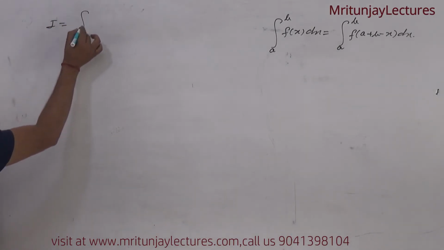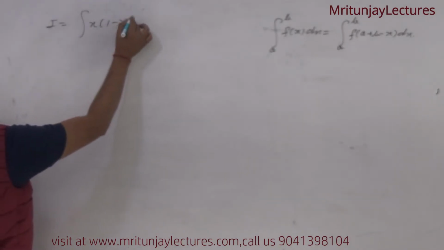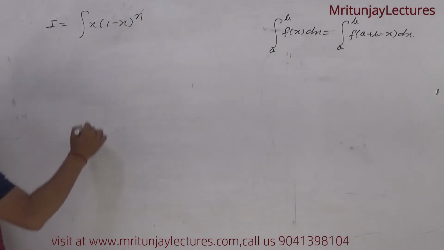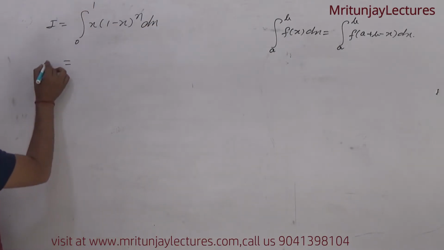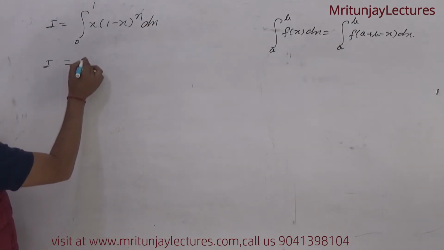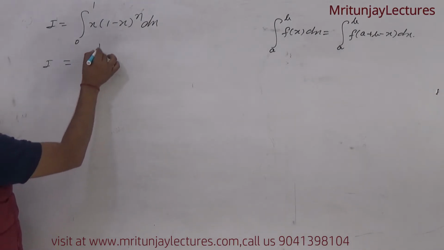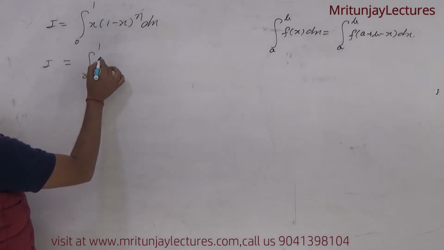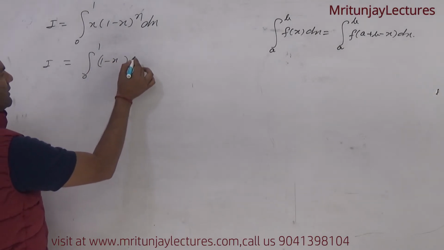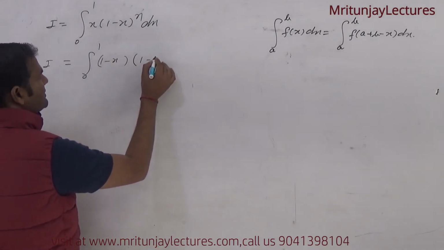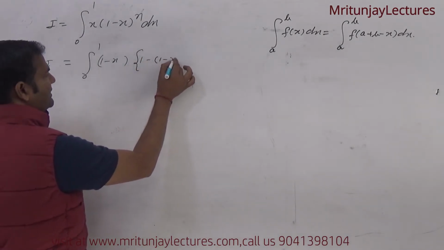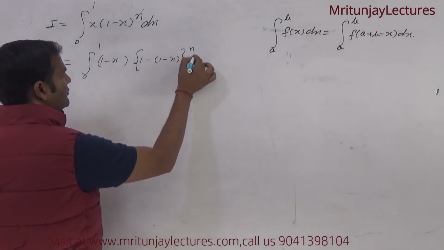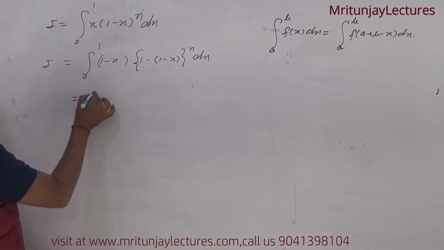Now I is equal to the integral from 0 to 1 of x into (1 minus x) to the power n dx. Now apply the fourth property: from 0 to 1, we get (1 minus x) and x to the power n.